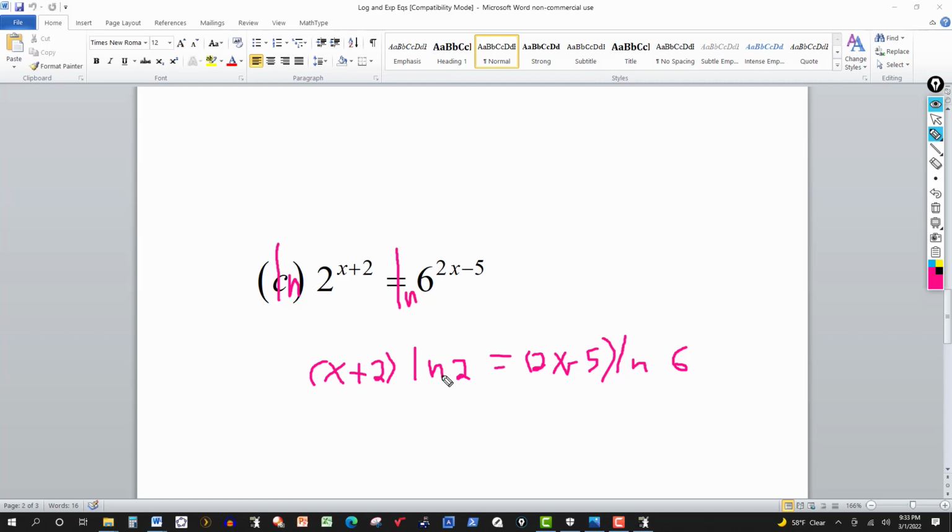So then you just multiply here. Multiplying ln of 2, this becomes x ln of 2 plus 2 ln of 2. And on this side, multiplying by ln of 6, we get 2x ln of 6 minus 5 ln of 6.